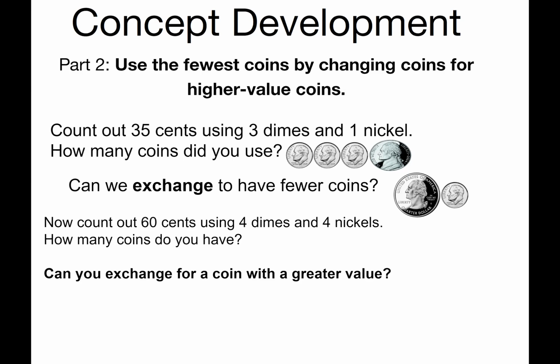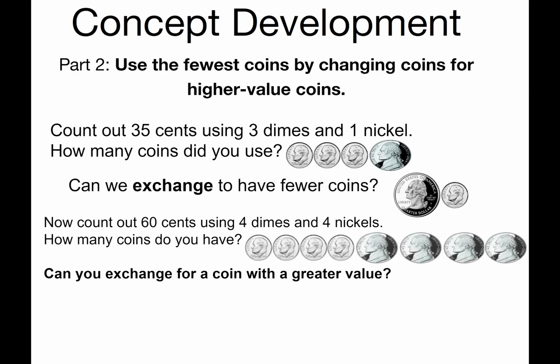We can cross them out or move them to the side and get 1 dime or draw 1 dime. So now we have what? 2 quarters and 1 dime. Wow. And that is equal to 60 cents. So we have only 3 coins now that make 60 cents instead of 8 coins.